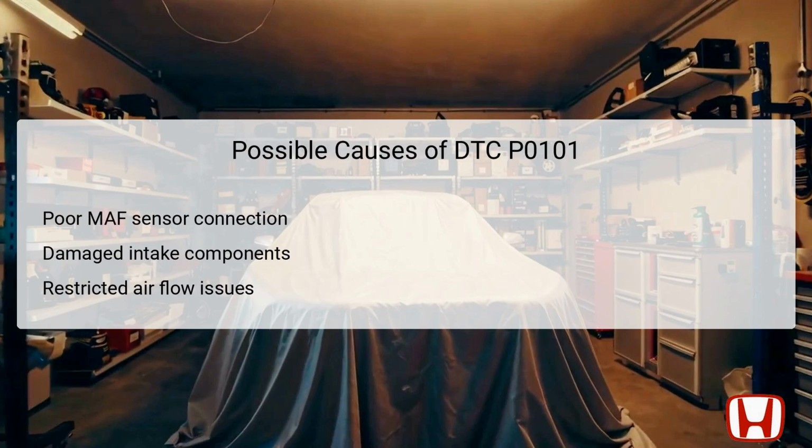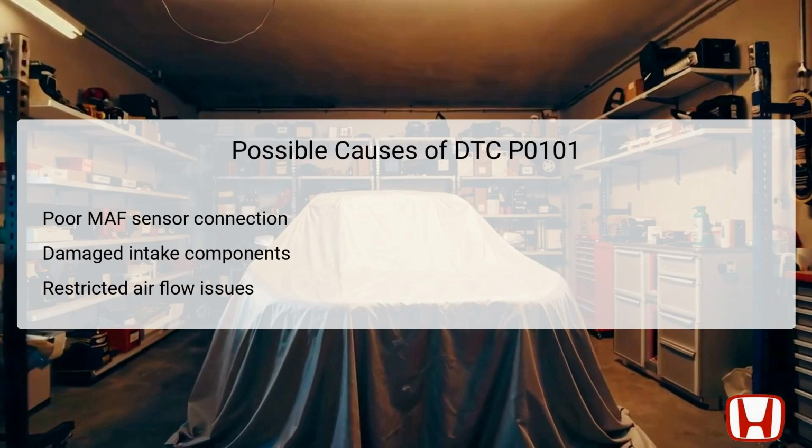The DTC P0101 can be triggered by several factors that impair the MAF sensor's ability to function correctly. Firstly, poor connections or damaged wiring leading to the MAF sensor can prevent proper signal transmission to the ECM, leading to miscalculations. Components associated with the air intake, such as the PCV valve, intake air duct, air cleaner, and purge line, can also contribute to this code if they are damaged or not secured properly.